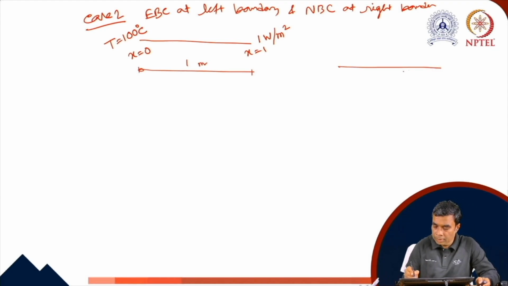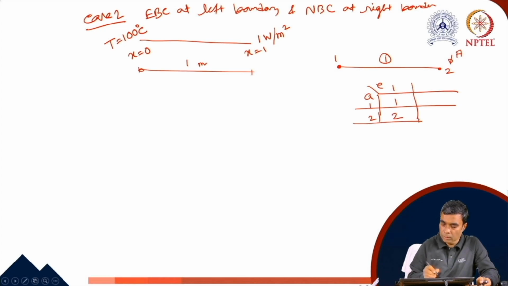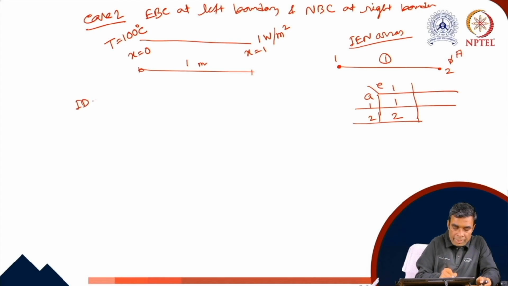Now we use a single bar element with two nodes, local node 1 and local node 2. Here these are the capital A things. So the IEN array: E, A, local nodes 1 and 2, element 1. So the global nodes are 1 and 2. This is the IEN array. Now we generate the ID array.